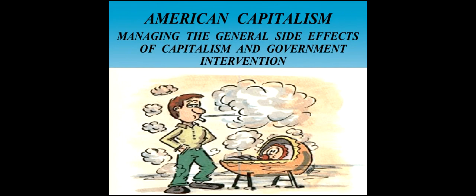As we move into the second half of this chapter, we're going to look at a very interesting topic. The use of a capitalist economic system will naturally produce side effects to the society, and any government intervention in a capitalist system will be guaranteed to produce side effects. Now, the side effects can be either positive or negative.